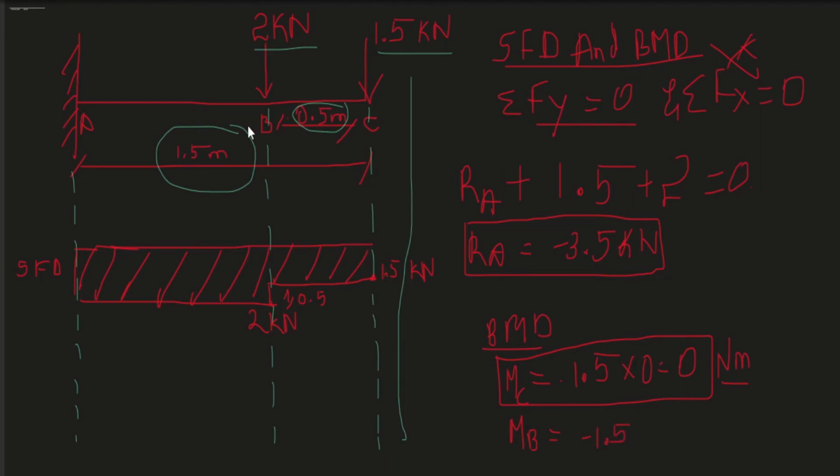This force is at a distance of 0.5 meter from B. So minus 1.5 into 0.5, minus 2 kilonewton, and the distance of the 2 kilonewton force from B is 0.